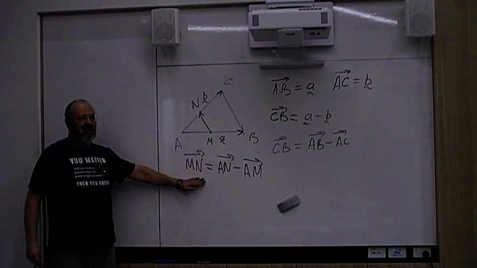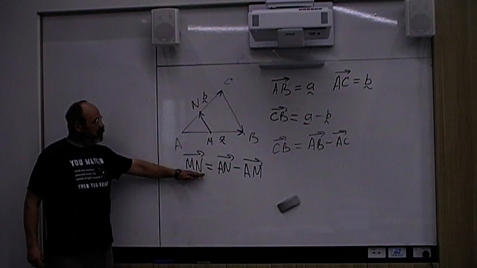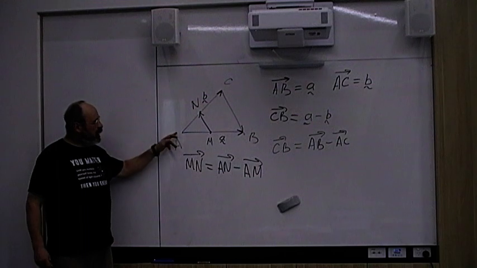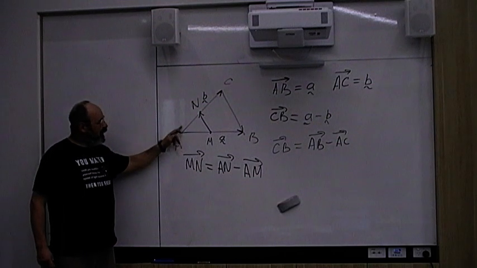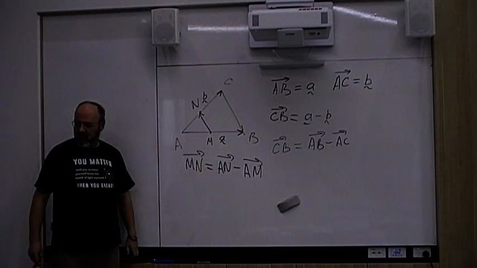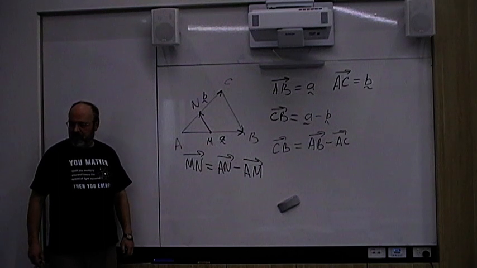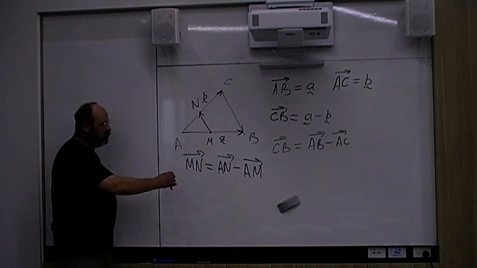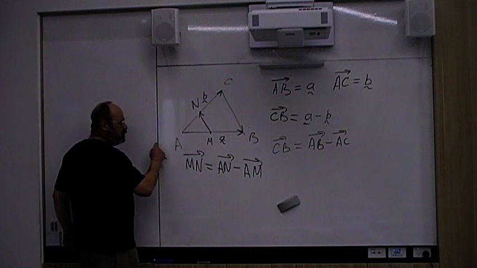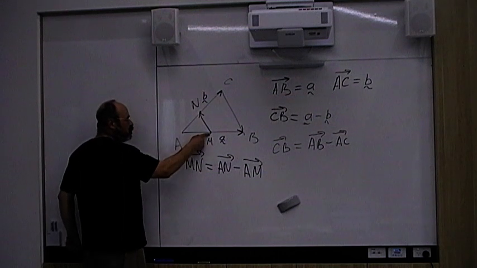Make sense? Vector MN is vector AN minus vector AM. This vector MN is this vector minus this vector.